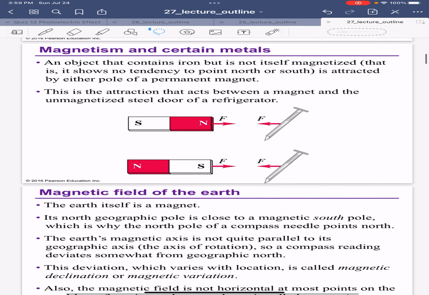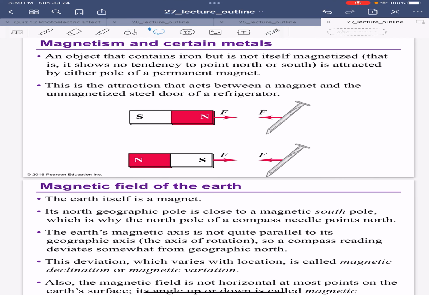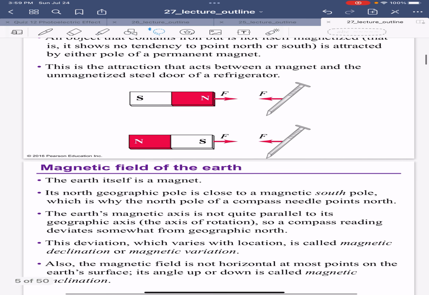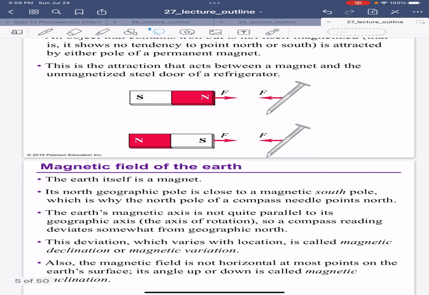Magnetic field of the earth. The earth itself is a huge magnet, and its north geographic pole is close to a magnetic south pole, which is why the north pole of a compass needle points north.